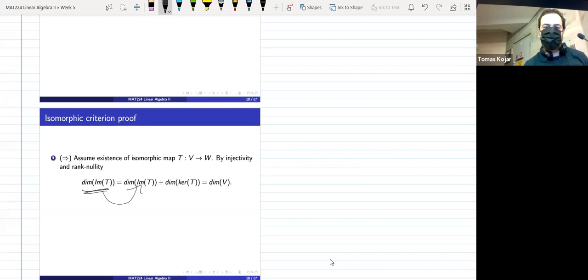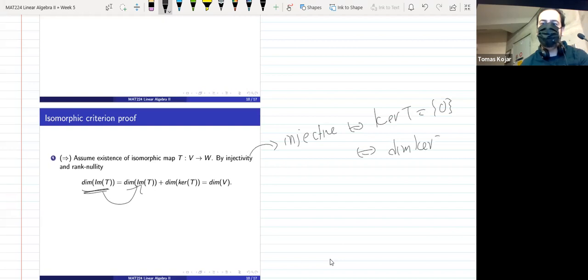So here all we're using is that injective is the same as kernel of T is just the zero vector, which is the same as dimension of the kernel of T is 0. So all we said is add 0. That's what we did. So yeah, we're using injectivity here.